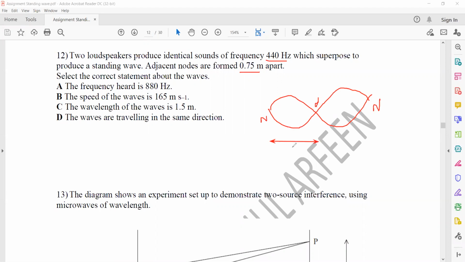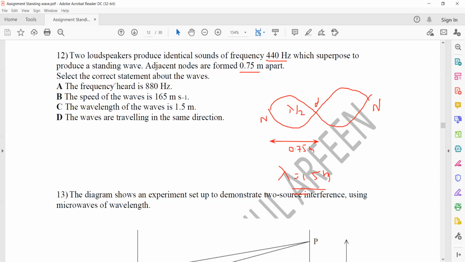They mention here that the distance is 0.75 meter. So if the distance between adjacent nodes is 0.75, what will be the wavelength? Because the distance between adjacent nodes is half of the wavelength, the full wavelength will be twice of this, so it will be 1.5 meters. So the wavelength of this standing wave is equal to 1.5 meter.